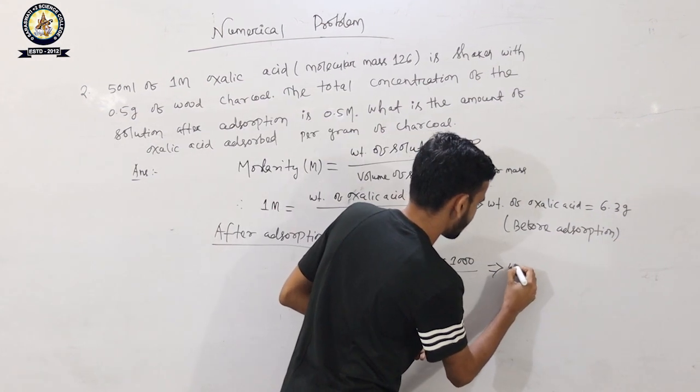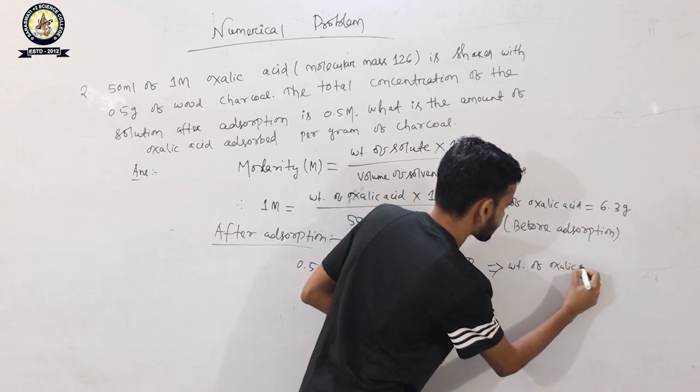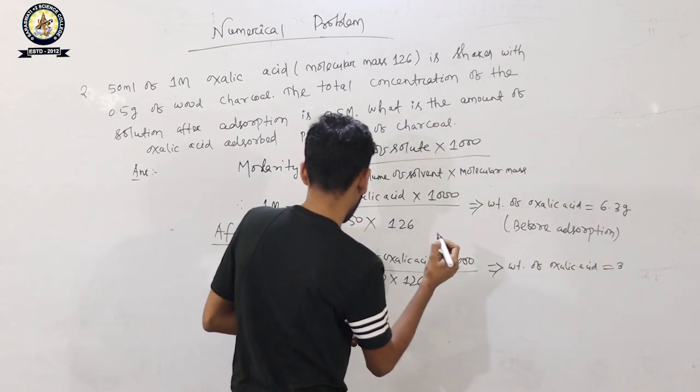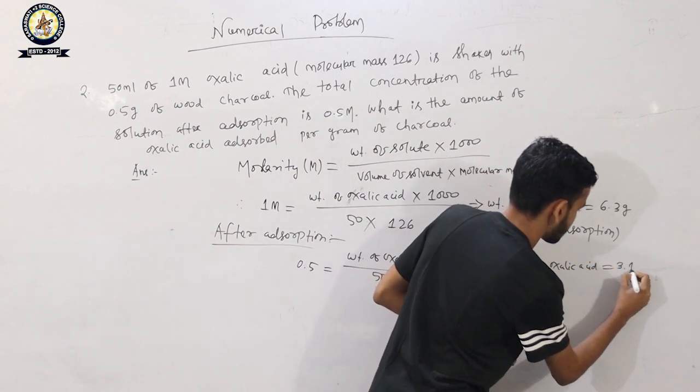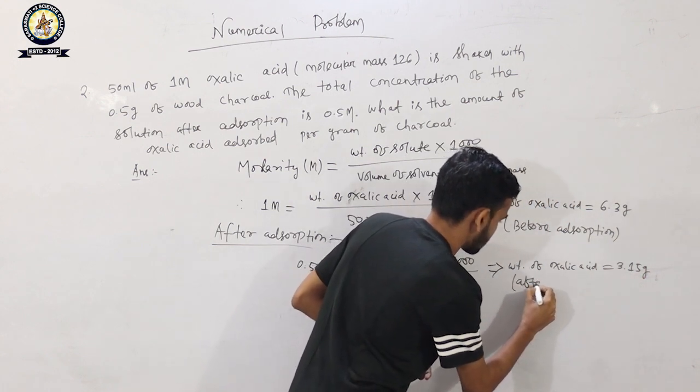So here we will find that the weight of oxalic acid that we get is actually 3.15 gram. So this is after adsorption.